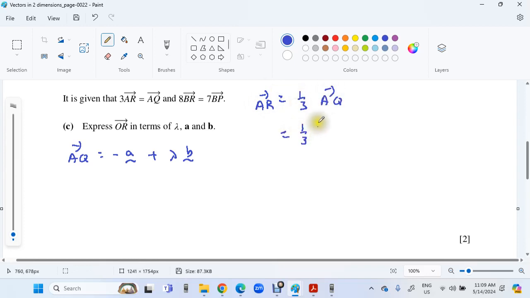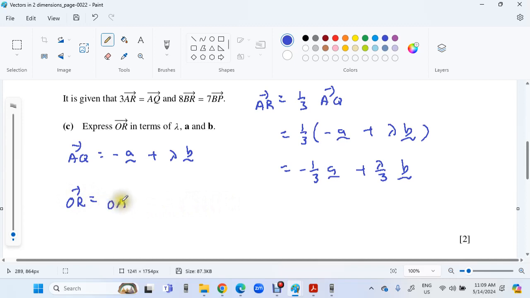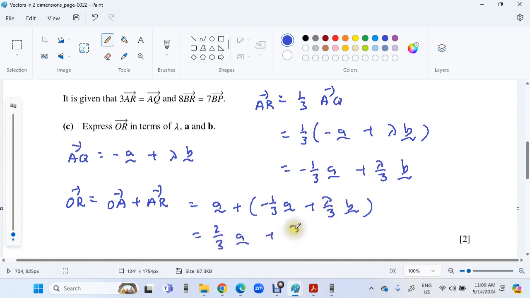Then it will be 1 over 3 of negative A plus lambda B, then we have negative 1 over 3 A plus lambda over 3 B. So we want to have OR. OR will be O to A plus A to R. OA is A, and AR is negative 1 over 3 A plus lambda over 3 B. Then we have 2 over 3 A plus lambda over 3 B.